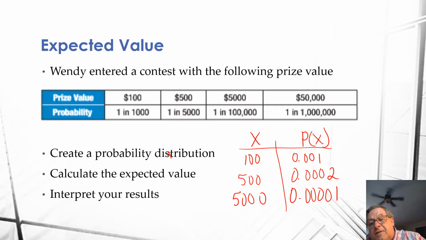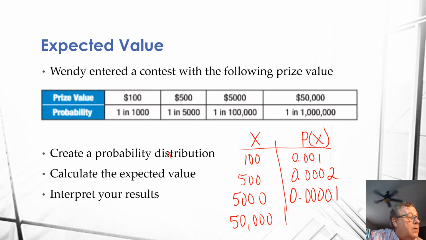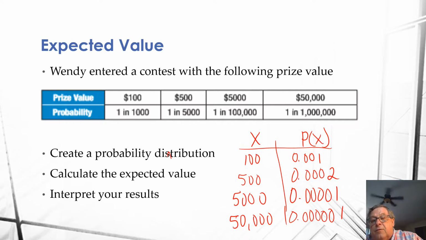And for the $50,000 prize, it's 1 in 1,000,000, which is 1e-6, or 0.000001.